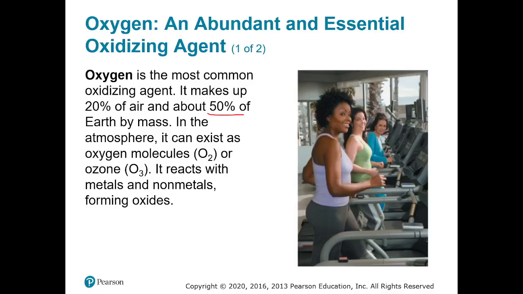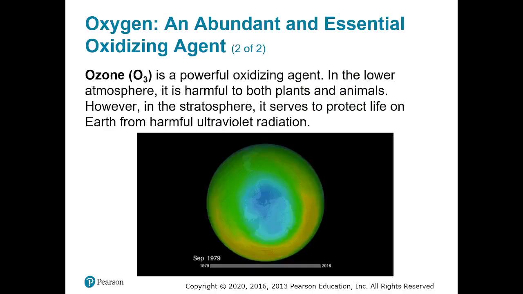You, of course, use oxygen by breathing it in, and you use that to produce energy by using up fuel in the form of things like carbohydrates, fats, lipids, and proteins.